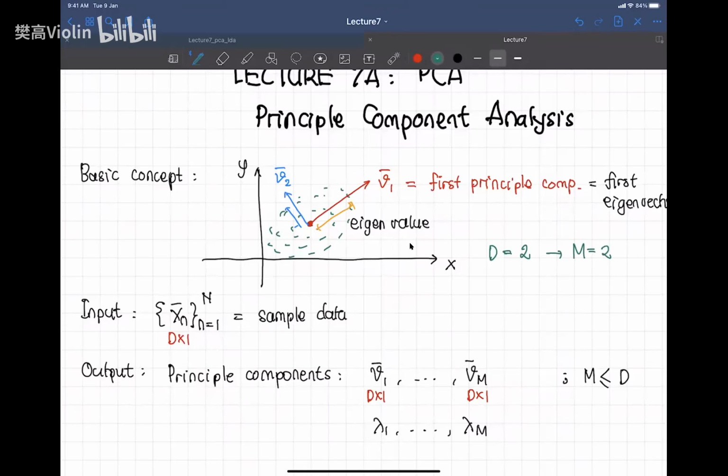M equals 2, t equals 2. And it's not possible for us to have another m. The basic principle of PCA is that it has to be orthogonal, and there is no other orthogonal line aside from these two.